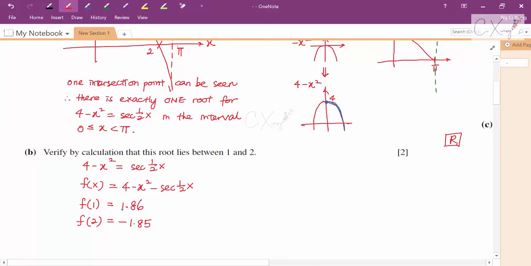All right, so you can see that f1 is equal to a positive value and f2 is equal to a negative value here. So we can see the sign change between these two answers. And we can make the conclusion now. Sign change can be seen between f1 and f2.